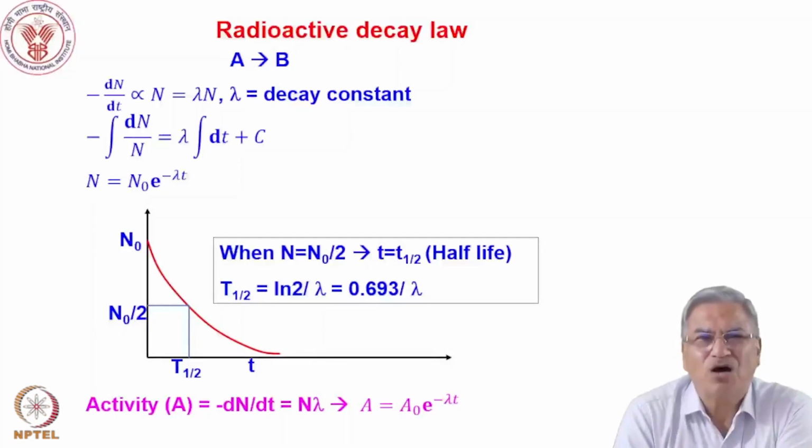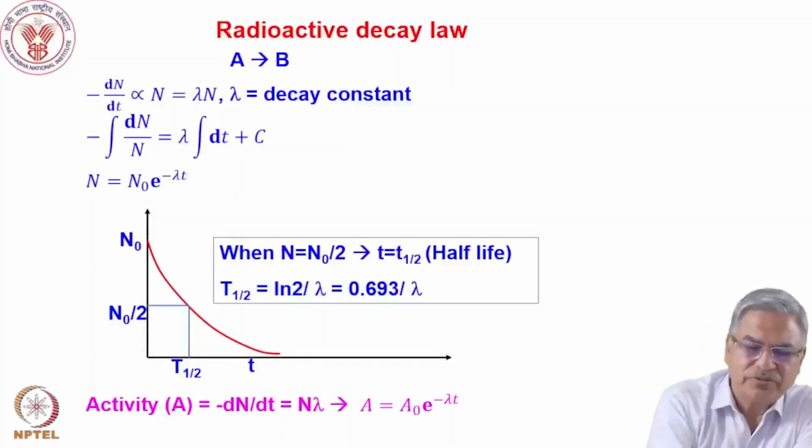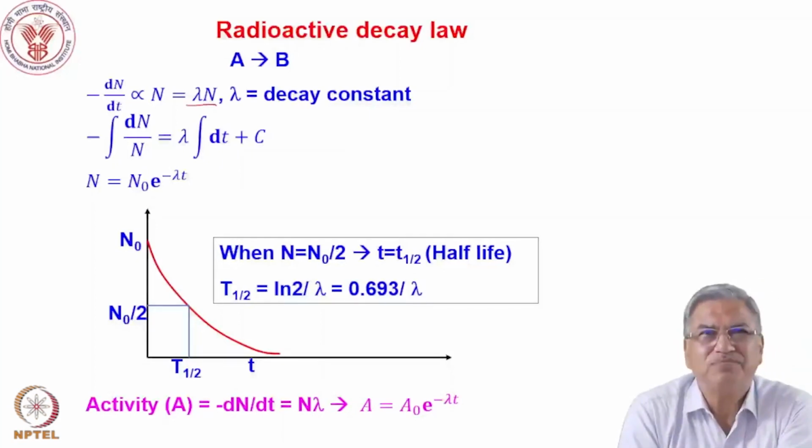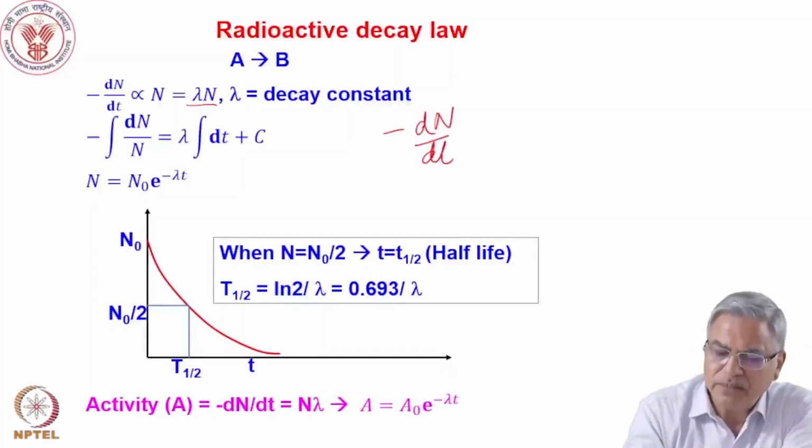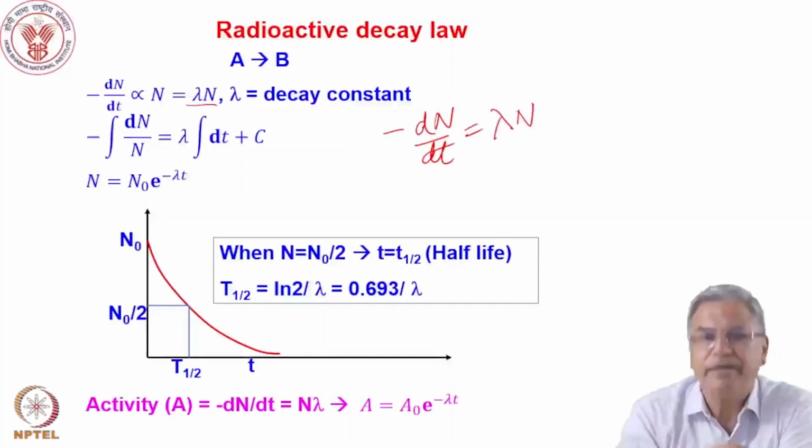If N is the number of atoms of the reactant at any point of time, then minus dN by dt, the rate of decay of atoms per unit time, is proportional to the number of atoms at that point of time. If you remove the proportionality sign, lambda becomes the proportionality constant. So the rate equation for radioactive decay becomes minus dN by dt equal to lambda N.